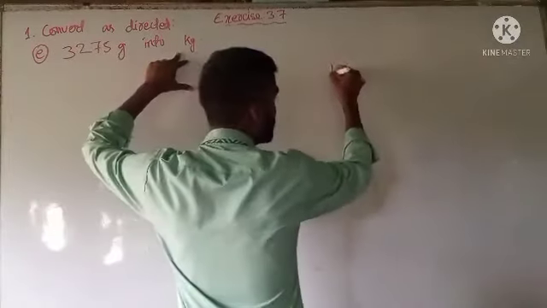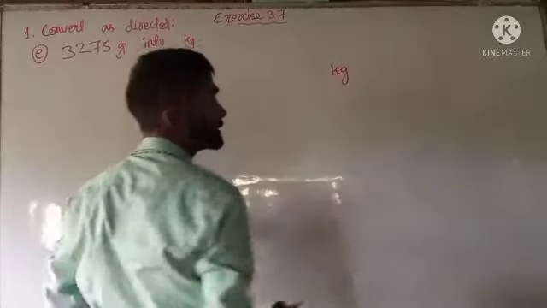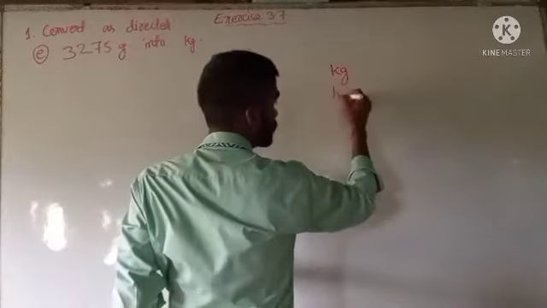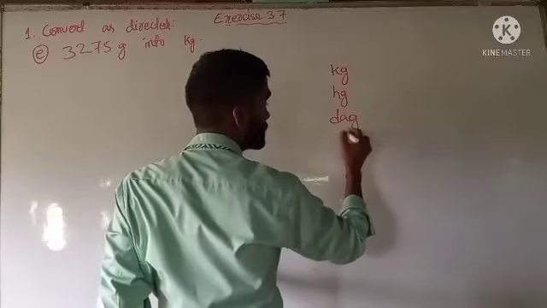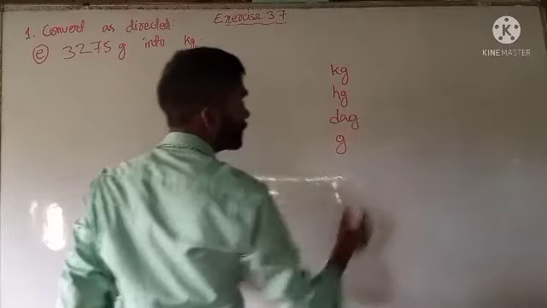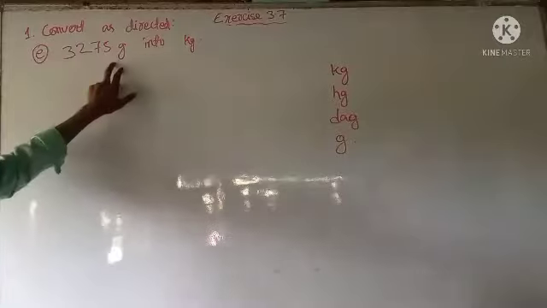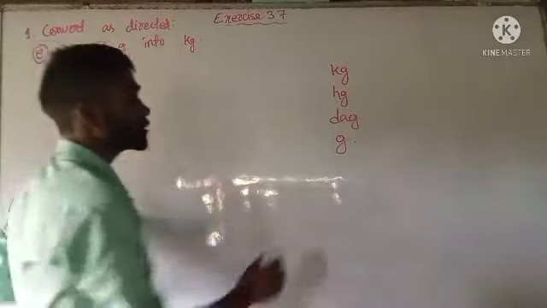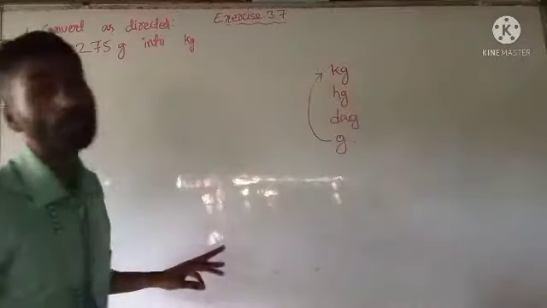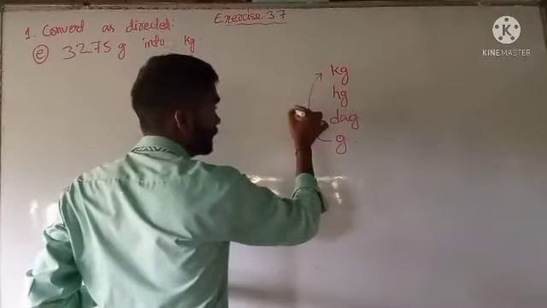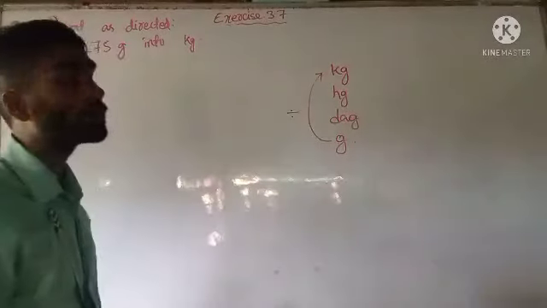So here we have learned that the first unit is kilogram, and then hectogram, and then decagram, and then comes gram. Now gram we need to convert into kg. So when converting gram into kg, we will divide. Now with what number are we going to divide?